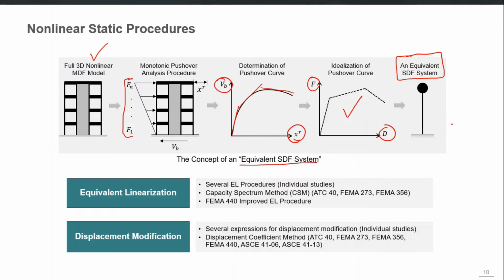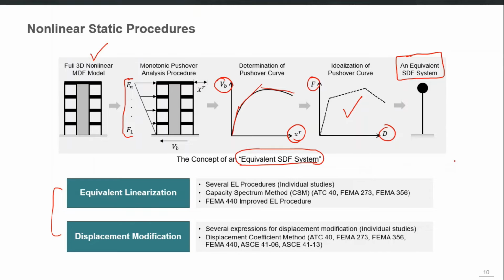So this pushover curve of a multiple degree of freedom system can be mapped to a single degree of freedom system, and then that single degree may start representing the actual multiple degree of freedom system. This is called the concept of an equivalent single degree of freedom system. This concept is being used by several of the analysis procedures to determine that target displacement for pushover analysis.